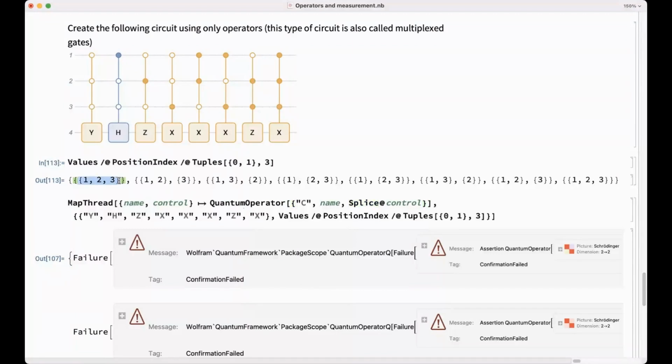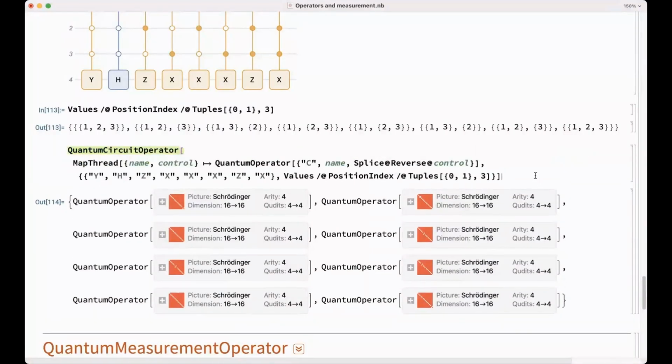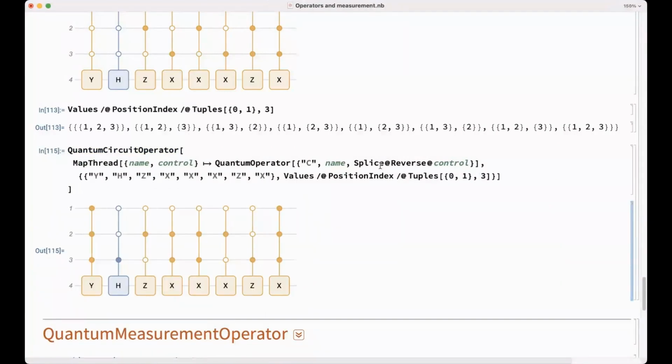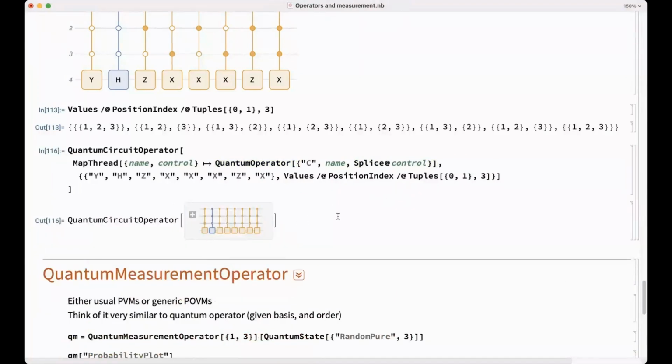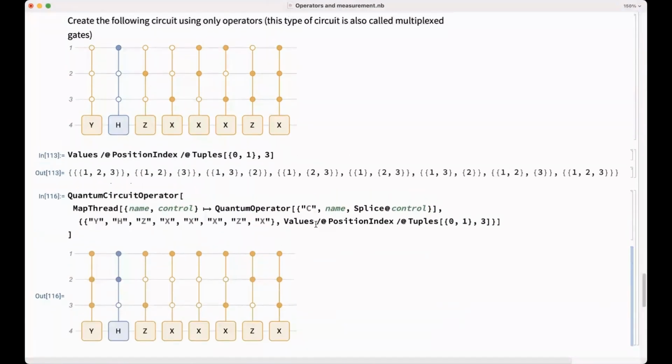It's the other way around. So remember, the first one is 0. So in our control C, the first argument is for 1. And these are the operators that we have. Oh, you have to remove the reverse, I guess. No, well, it's the same. So we screwed up.